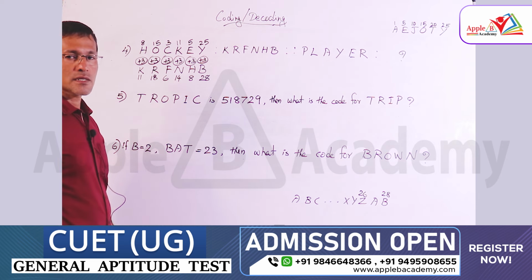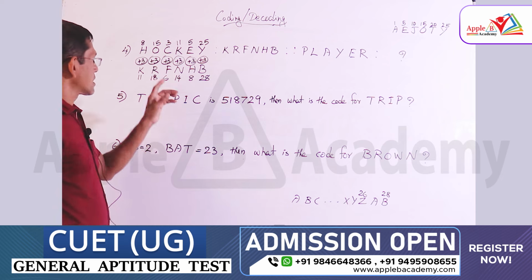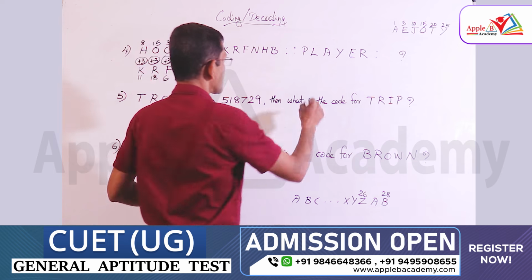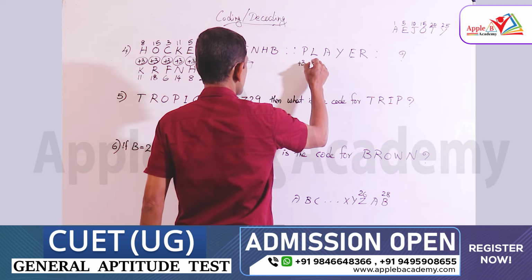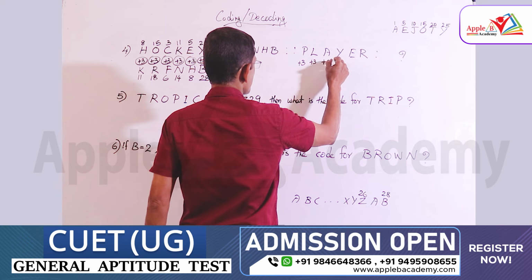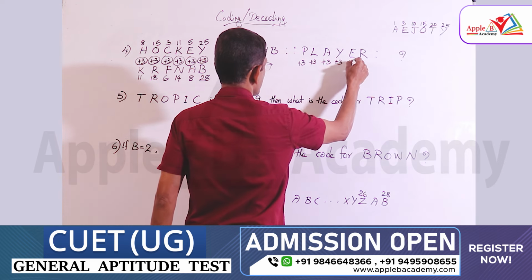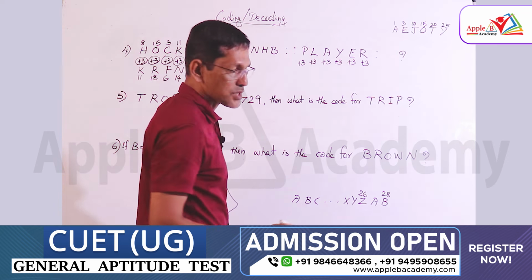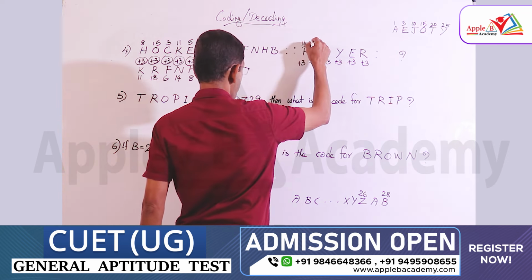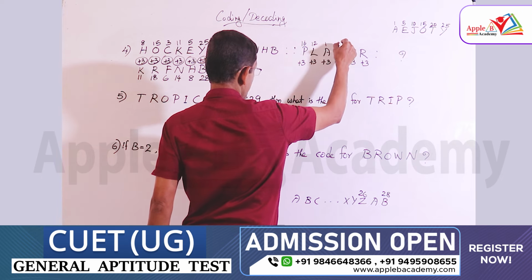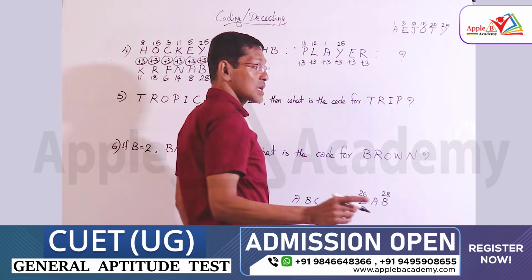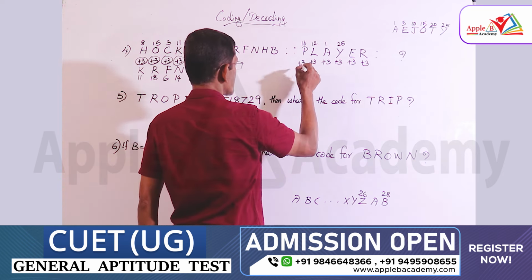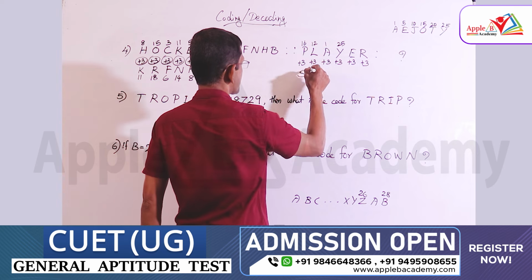B is 28. Yes, perfectly all right. So that gives us the best pattern: plus 3, plus 3, plus 3, etc. So apply the same pattern on PLAYER. P plus 3, L plus 3, A plus 3, Y plus 3, E plus 3, R plus 3. P is 16, 16 plus 3 is 19. 12 plus 3 is 15.